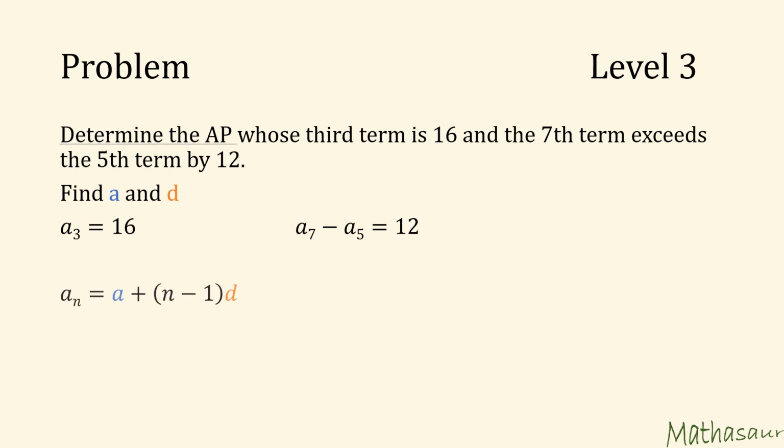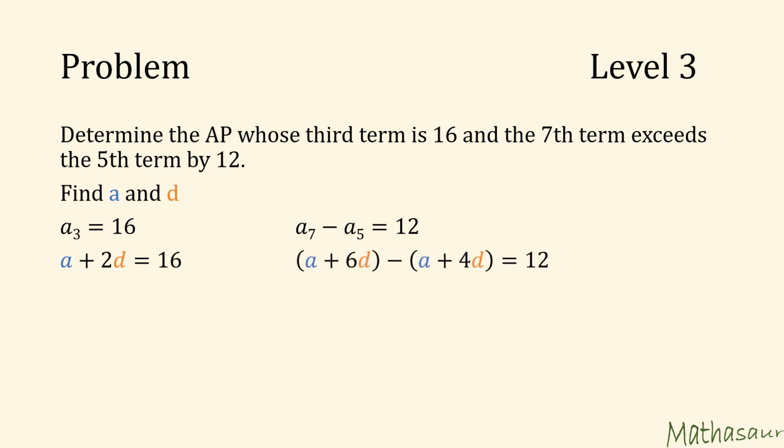Now let us apply the formula for the nth term. Let us apply this for a3. So we get a plus 2d equals 16. Similarly, applying this formula for a7 and a5, we see that it gives a solution for d. It gives us d equals 6.